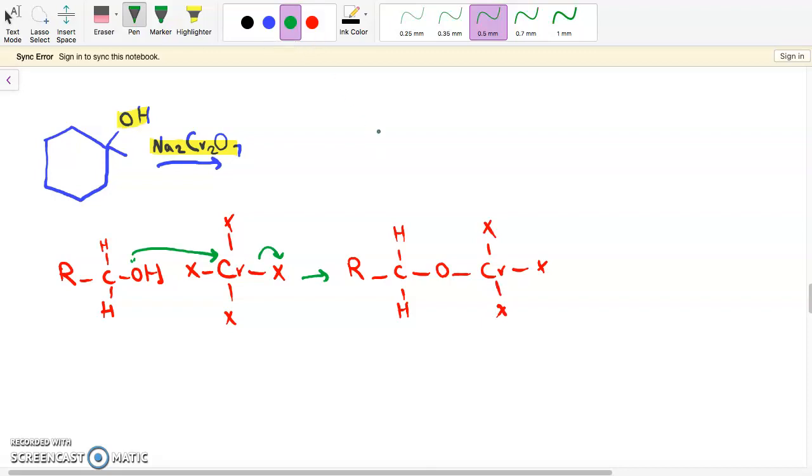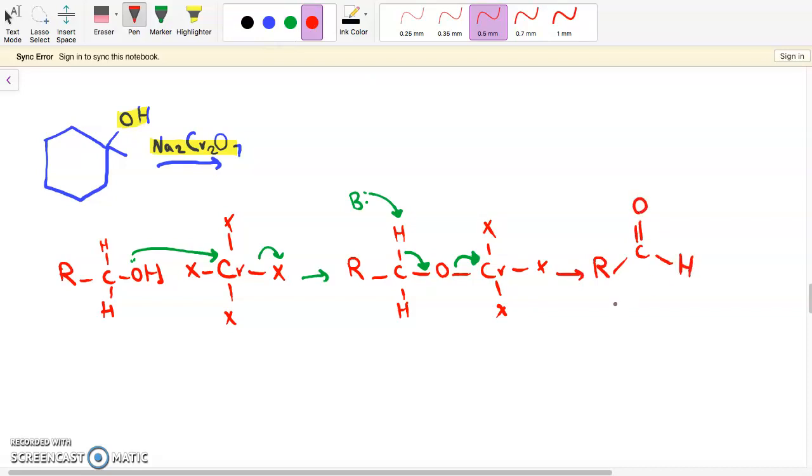Now what happens, and this is probably the most important point, is that a base is going to grab that hydrogen. We're going to break that bond. This guy will leave, and this is how we end up with our oxidized product.